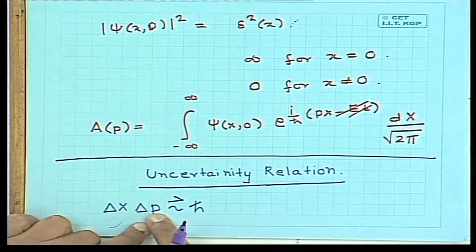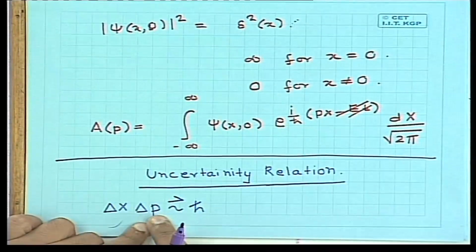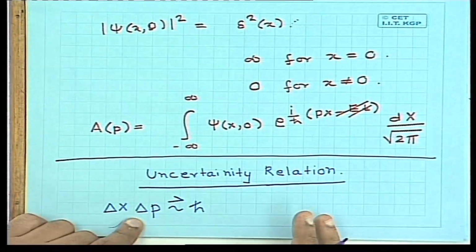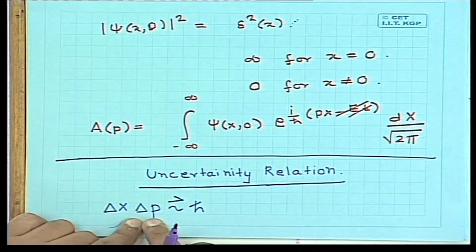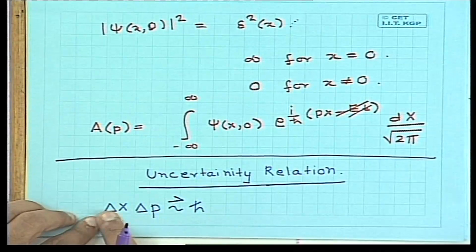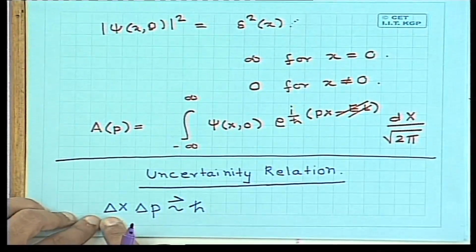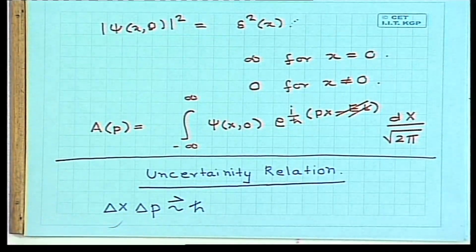So we have absolutely no momentum information. On the other hand, if you fix the value of momentum, so delta p is 0, you have got full momentum information, but then you find that you have absolutely no position information. Delta x becomes infinity. This is the uncertainty relation.